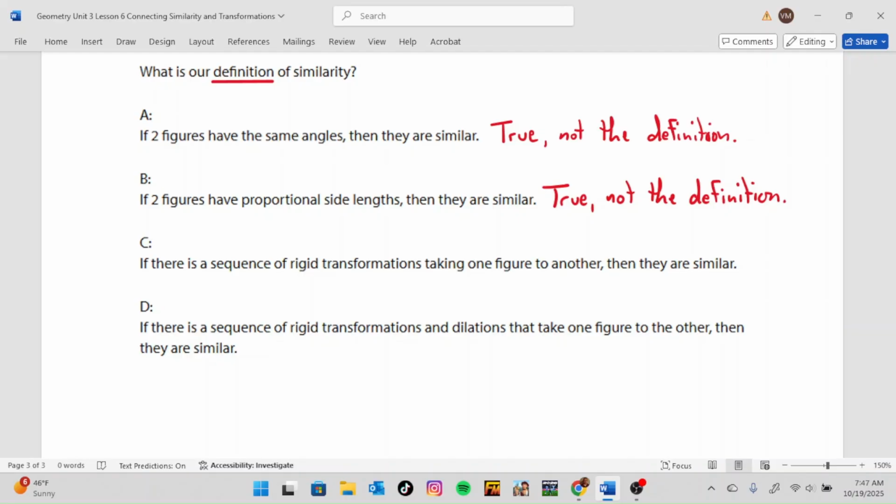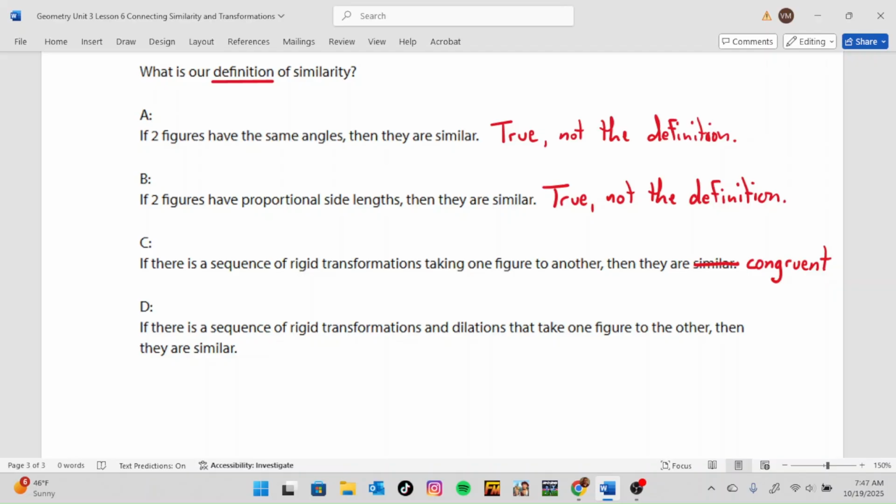The problem here is that this is not the definition of similar. This is the definition of congruent. Because remember, congruent figures are the exact same size. So you can go from one to the other just through a sequence of rigid transformations.